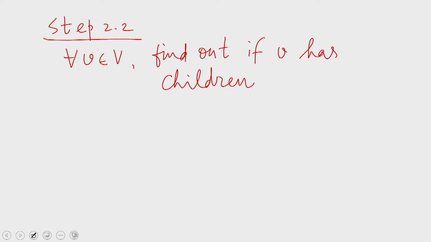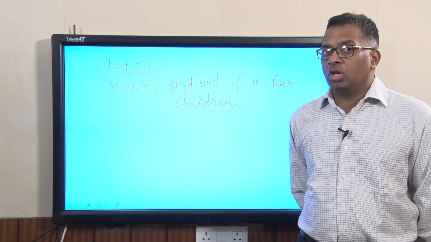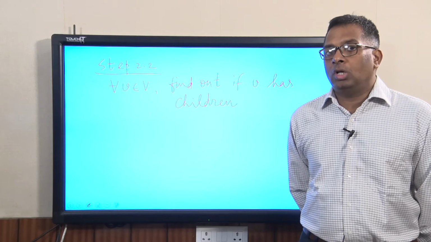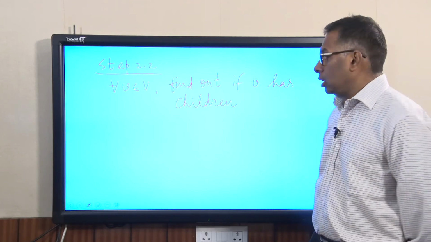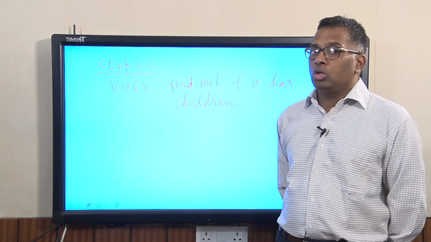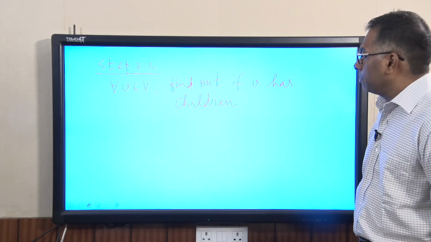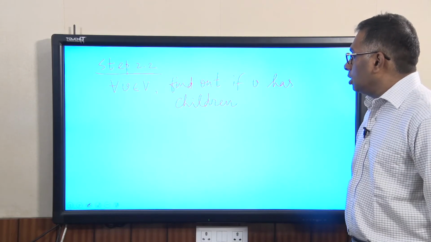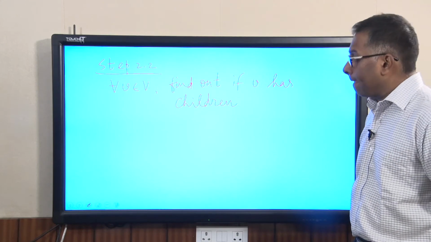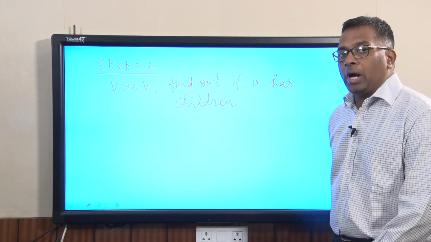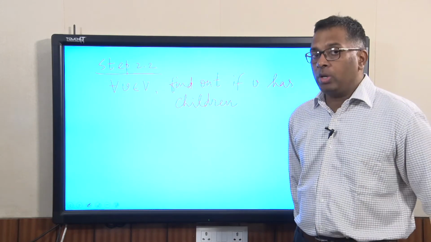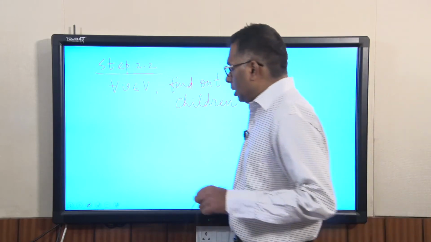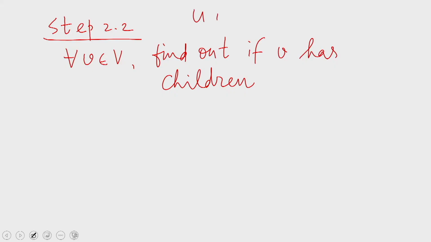Mind you, in a CRCW PRAM arbitrary model, that was easy. If a node has children, we only have to let the children come and write at the parent, but that cannot be done here because we are not allowed to use concurrent writes. So how do you find out if v has children? We can use the adjacency list representation and its twin pointers for this purpose. Let us say u is a child of v.